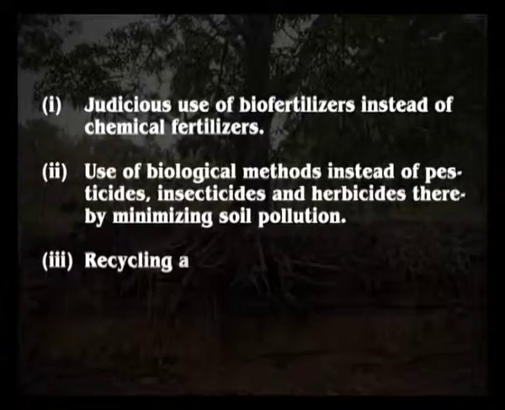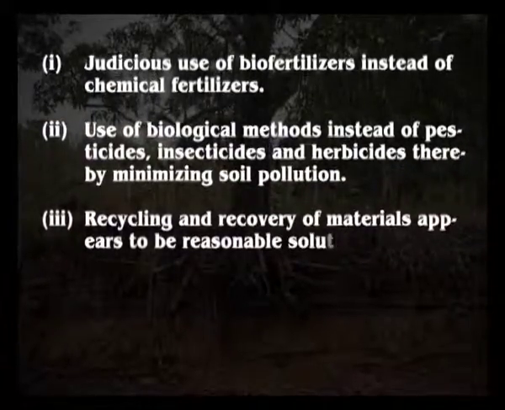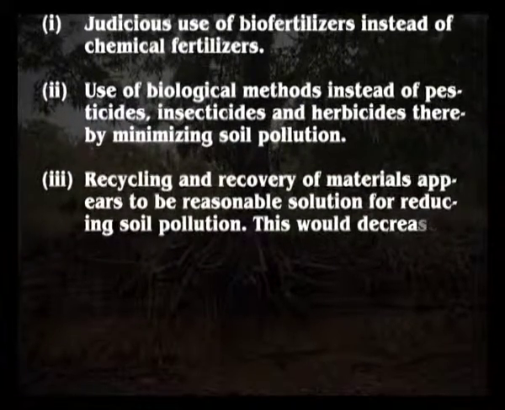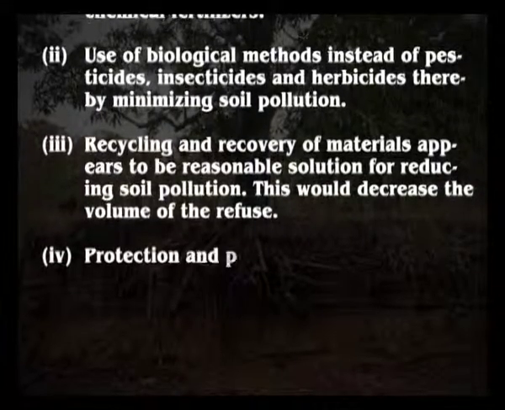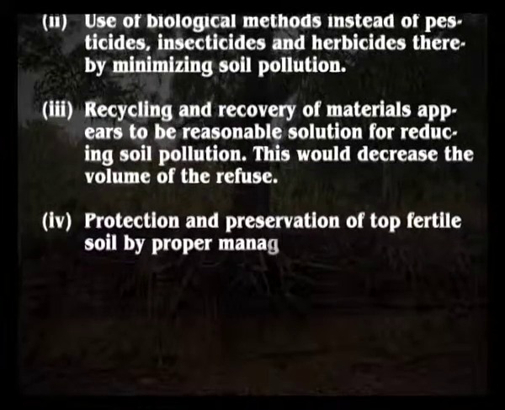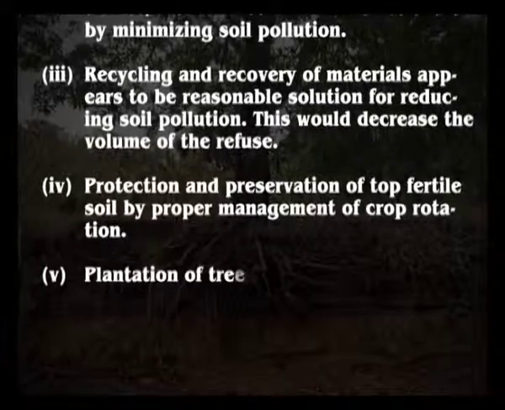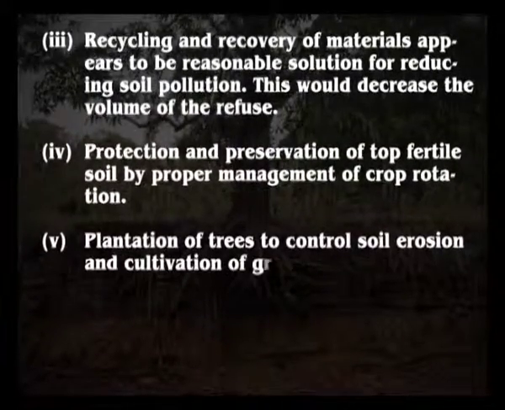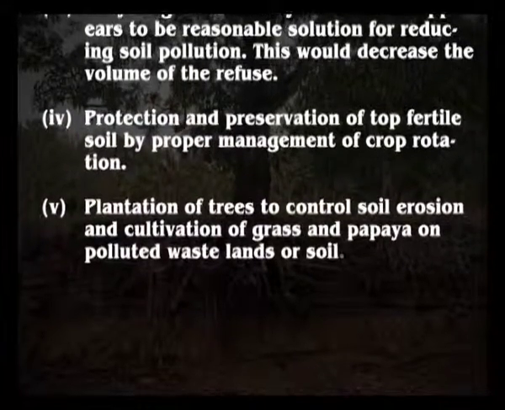Thirdly, recycling and recovery of materials appears to be a reasonable solution for reducing soil pollution. This would decrease the volume of the refuse. Fourth, protection and preservation of top fertile soil by proper management of crop rotation. Fifth, plantation of trees to control soil erosion and cultivation of grass and papaya on polluted wastelands or soil.